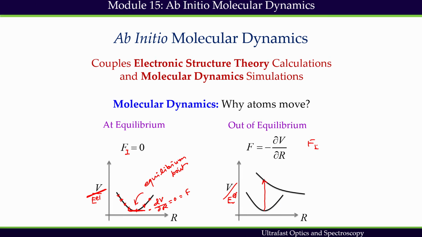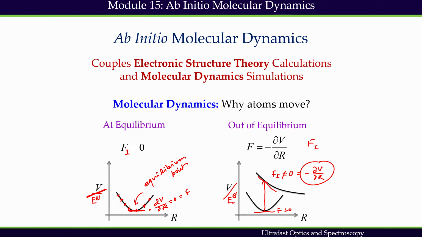At the ground state point the force was 0 because the potential gradient was 0. But at this point, the potential gradient is not necessarily 0, and in that case the force F acting on the ith nucleus is not going to be 0, and that can be calculated from the potential gradient at that point.